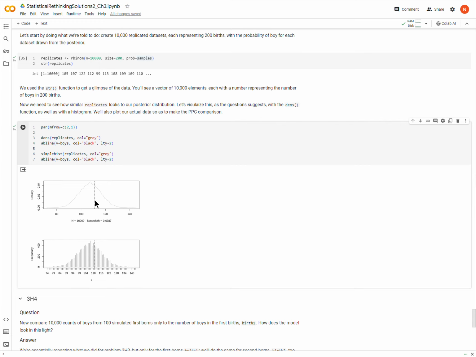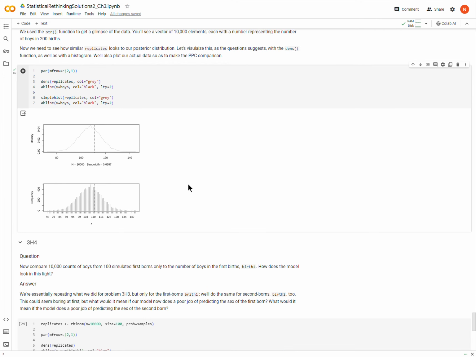And this black dotted line is the probability of a boy. And so we're asked how similar is the data we observed, the black line, compared to what the model expects. It's pretty much right in the middle, and this shouldn't really be surprising, just given how simple this particular model was. But so far, our model seems to pass this first test, and we say that's great.